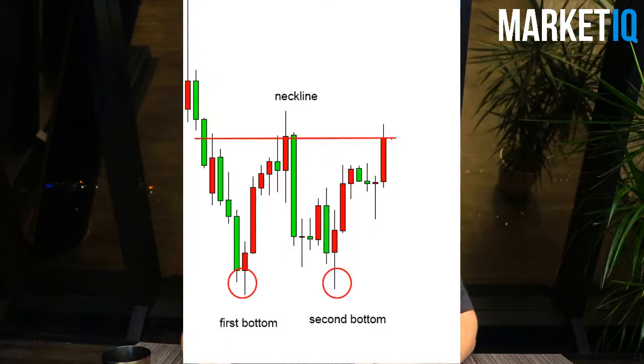Now that we've gone over a double top, let's take a quick look at double bottoms. Double bottoms are essentially the exact opposite of a double top. Instead of the tops forming at a resistance level, you'll now see the bottoms, the lows, forming at a support level. A double bottom is also a trend reversal signal.